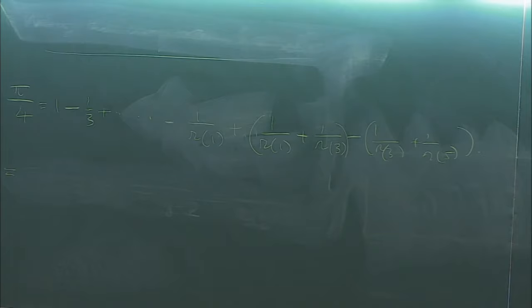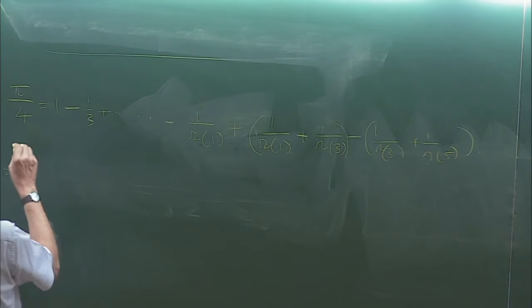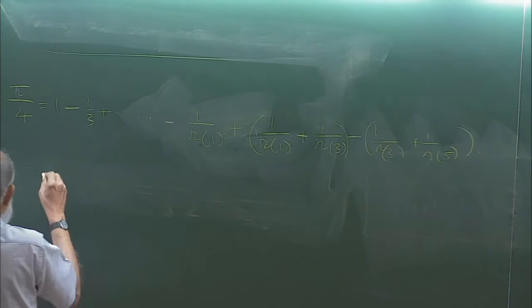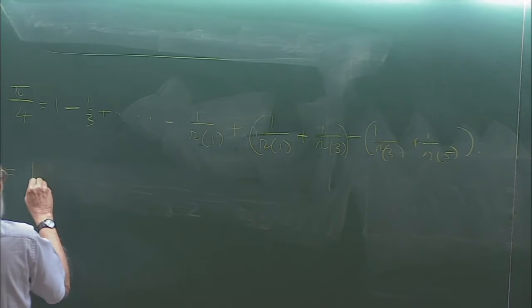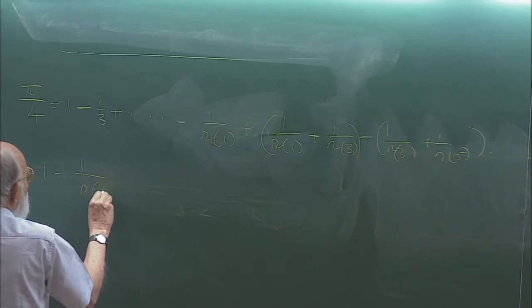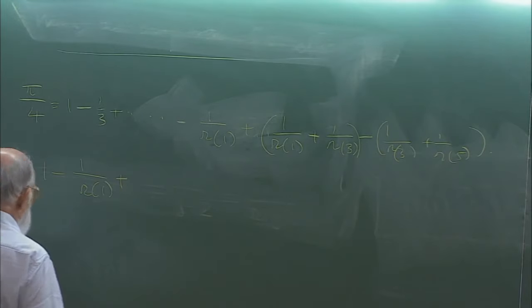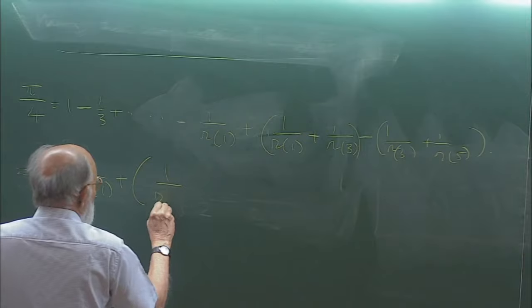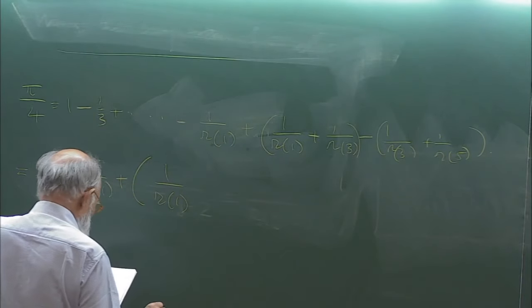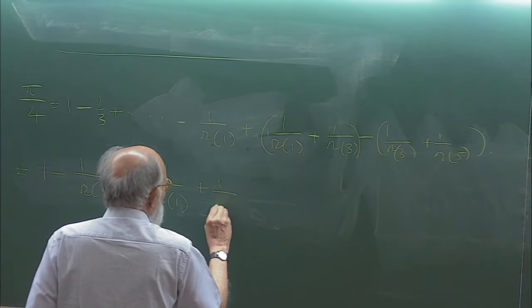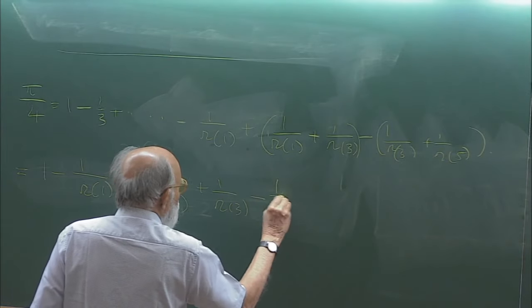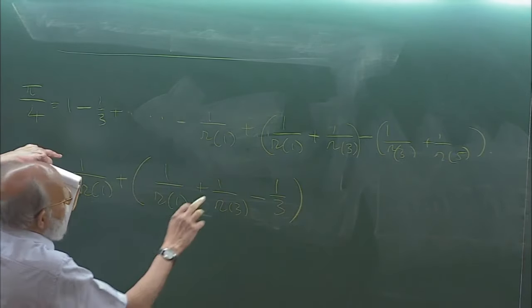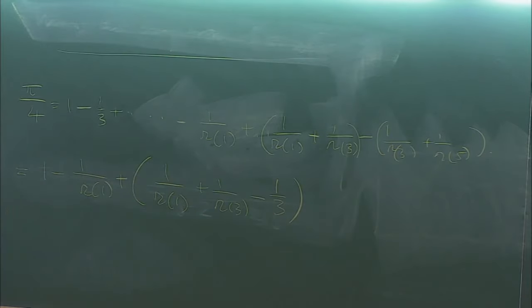This is what I said I would like you to look at in the following way. So this is pi by 4. I write this as 1 minus 1 over R1 plus 1 over R3 minus 1/3. I'll write the whole thing, otherwise people will get confused. That is, I take this and this and this together.